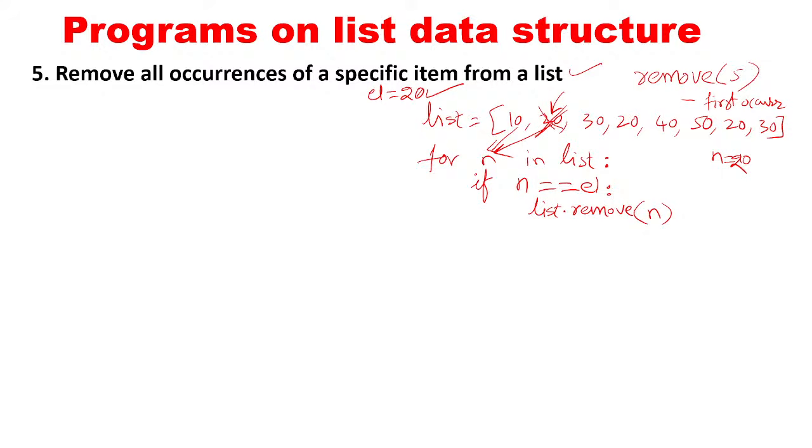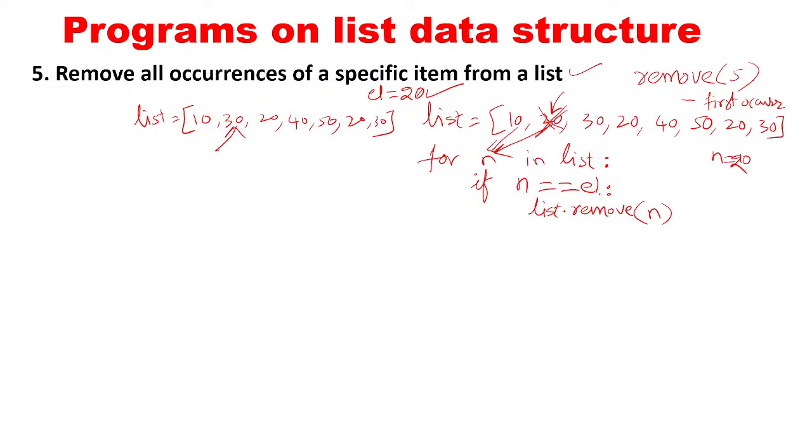By the time the control goes up here, the list will look like this: 10, 30, 20, 40, 50, 20, 30. Then it gets the next number, 30.